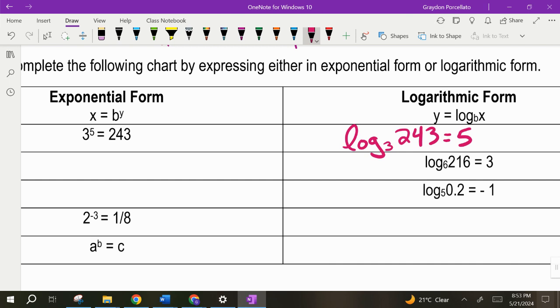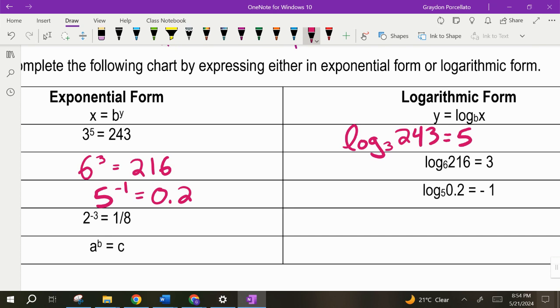So going the other way, it's saying 6 to the power of what is 216? Well, 6 to the power of 3 is equal to 216. Okay? The next one's saying 5 to the power of what is 0.2? Well, it's telling us that 5 to the power of negative 1 is equal to 0.2.